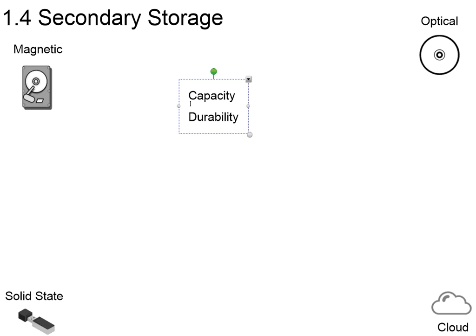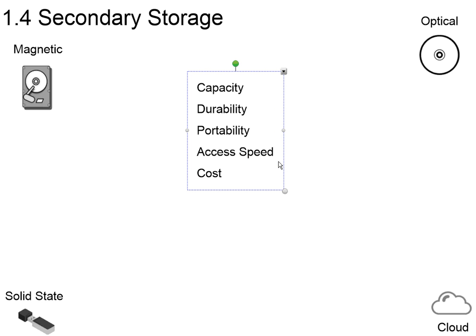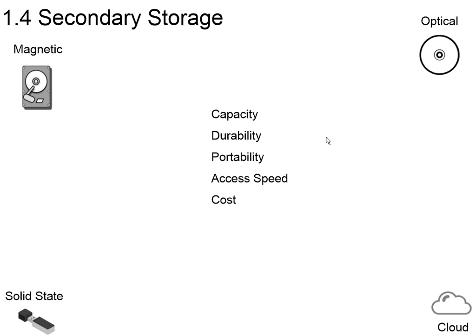Durability, so how long can that device last without breaking, without snapping. Portability, so can you carry that device around easily in a bag or in a pocket. Access speed, so how fast is it to access the data that you need. And cost, how expensive is that device.